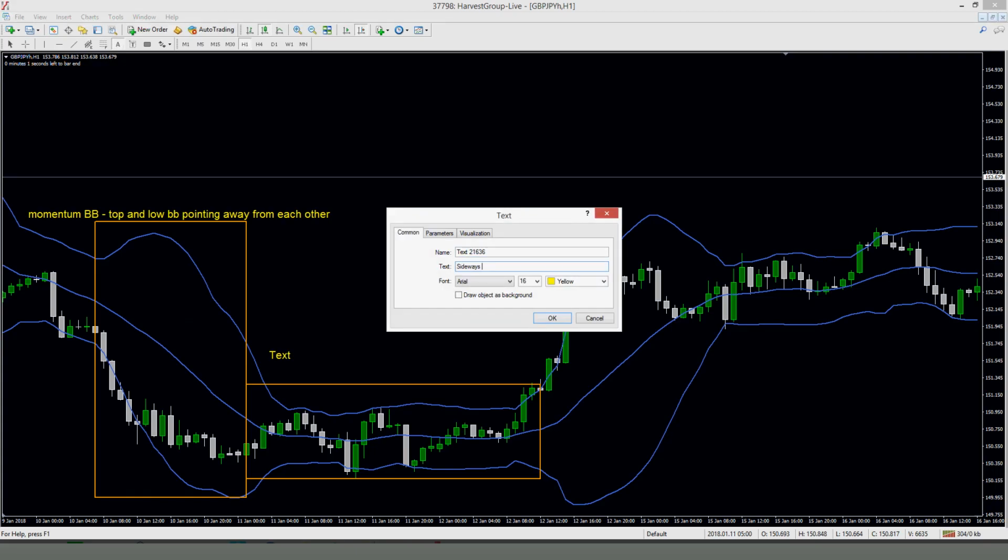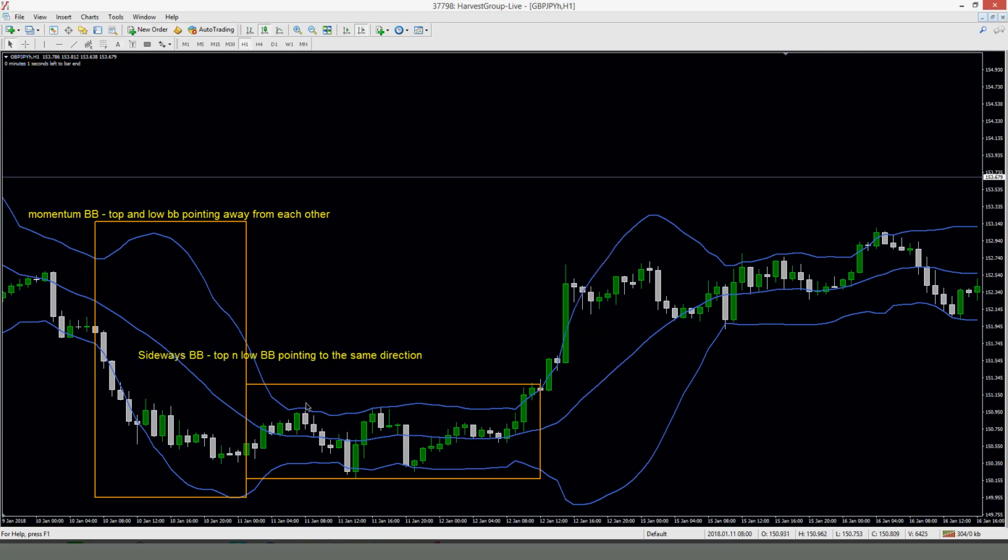Let me just write it down for you first. So a sideways BB is defined as top and low BB pointing in the same direction. So obviously, you know that the market is ranging, going sideways.